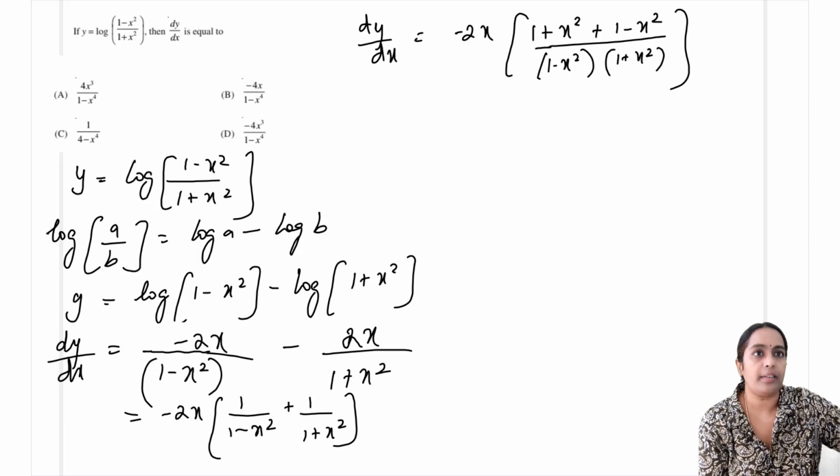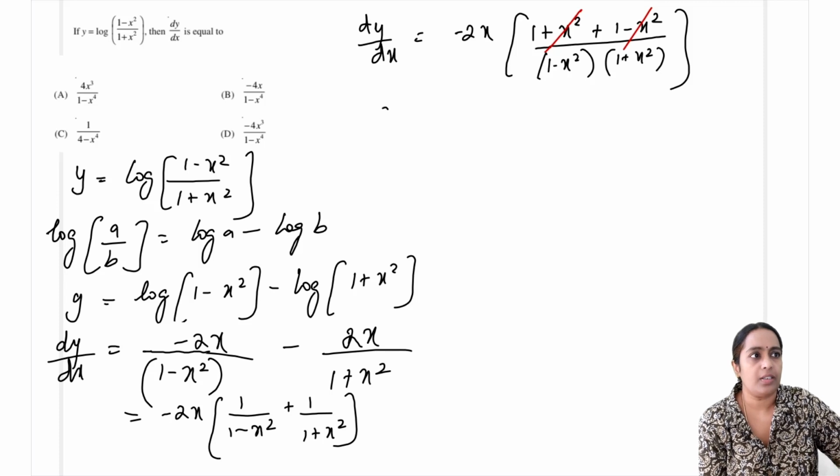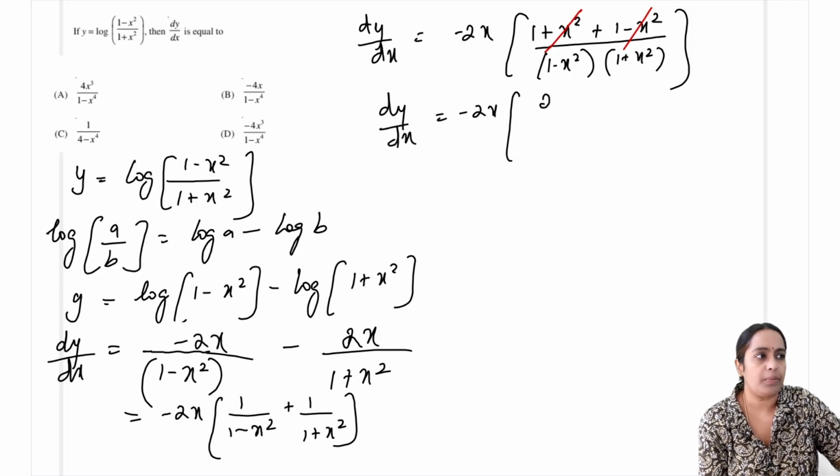Here minus x square plus x square will get cancelled. So I will have dy by dx to be minus 2x multiplied with 2 divided by (1 minus x square) into (1 plus x square).